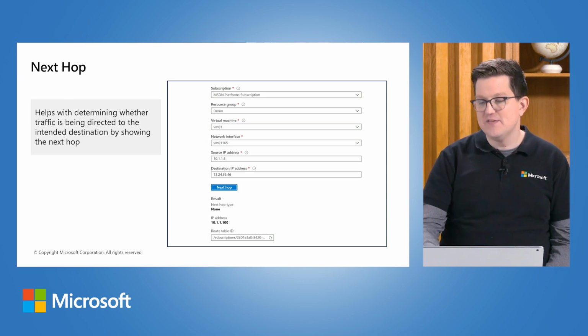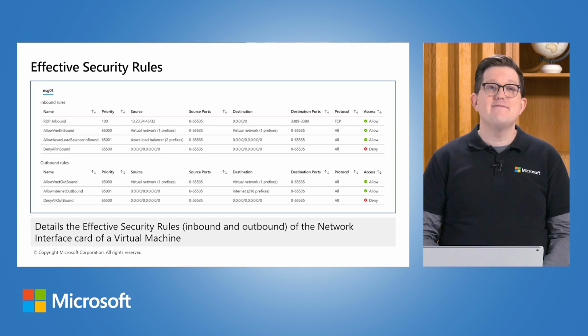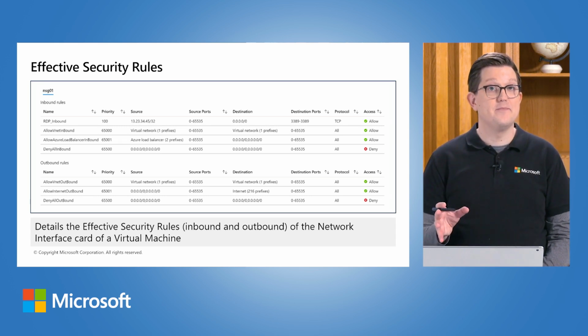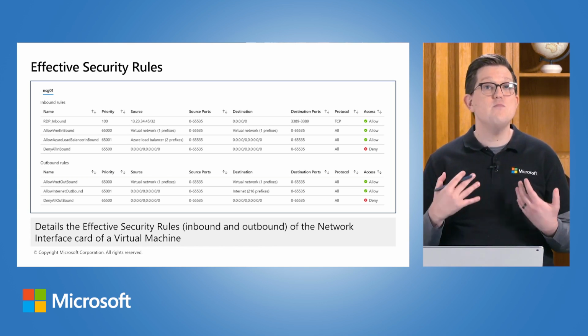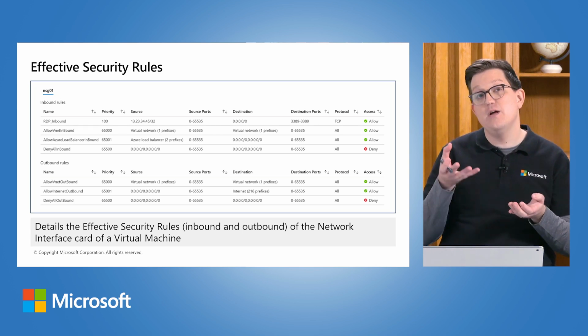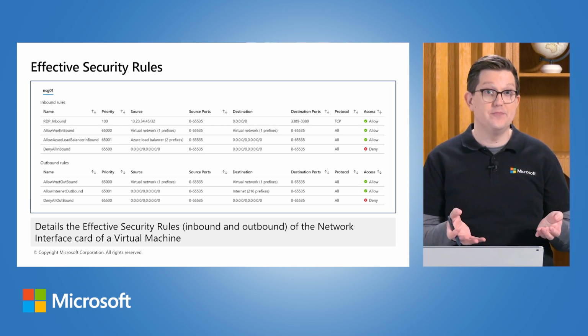All right, a little bit of a different tack now. Effective security rules are not something that every customer is going to require, but there are many scenarios where you may have placed a network security group on both the subnet and on the network interface card level.